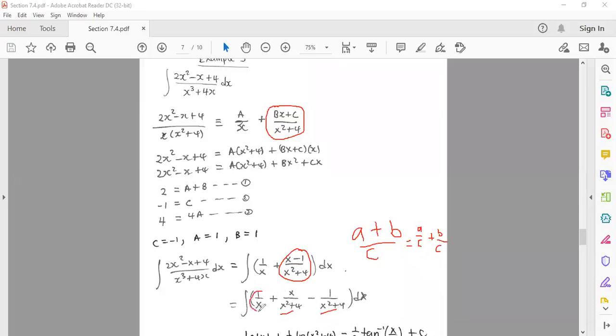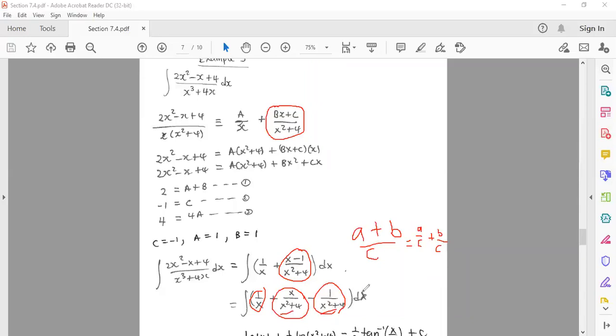Now, how do we integrate this? It's just natural log absolute value of x. That is straightforward and easy. This one is just a u substitution. If you let u be x squared plus 4, it works because there's an x at the top that will cancel with du. For this one, I gave you a formula which you need to remember, the one I showed you earlier. It's 1 over the coefficient of x, tan inverse of x over the coefficient.